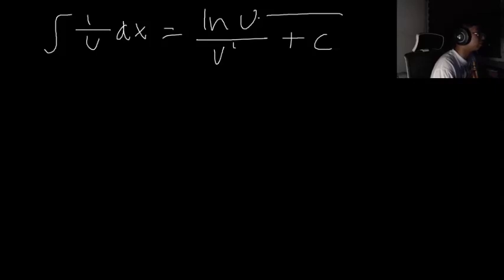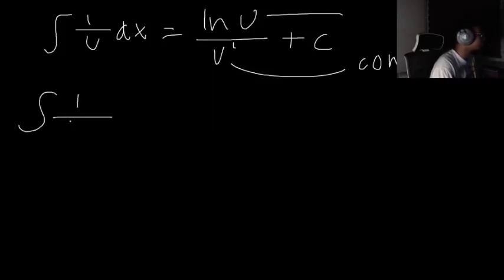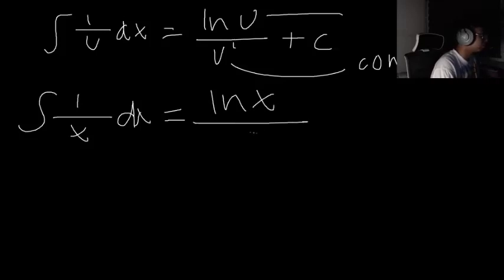Again, u has to be linear and u prime has to be a constant. I will give some examples. Let's say 1 over x. Let's go with the basics: natural log of x over the derivative of x, which is 1, plus c.